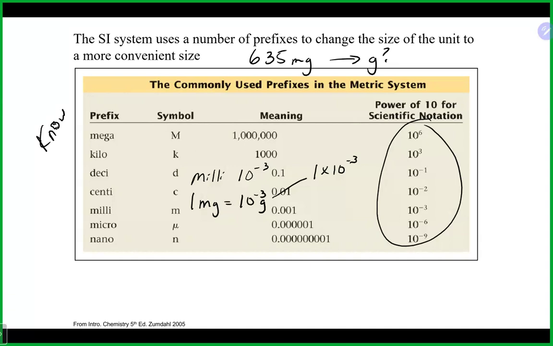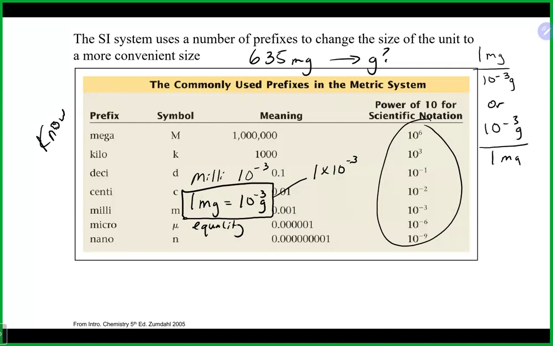So from an equality such as this, we can get two conversion factors, and conversion factors basically are just fractions. Say, for example, 1 milligram over 10 to the minus 3 grams, or we could just flip the fraction upside down: 10 to the minus 3 grams is 1 milligram.